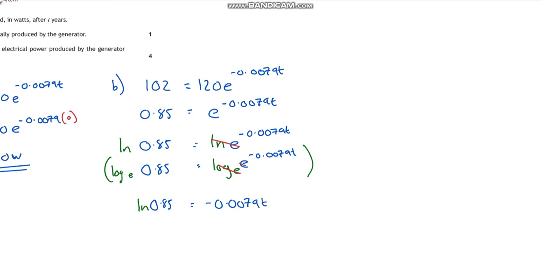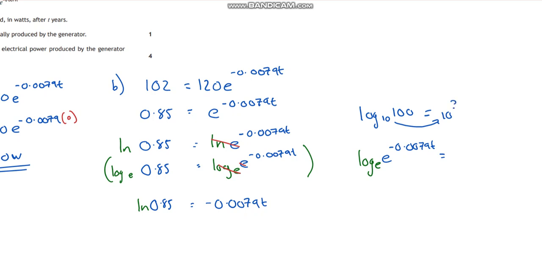But why is that though? What happens there? Well, this line is saying log base e of e^(-0.0079t) equals something. If I was to do log base 10 of 100 equals what? Well, it's saying 10 to the power of what gives me 100.